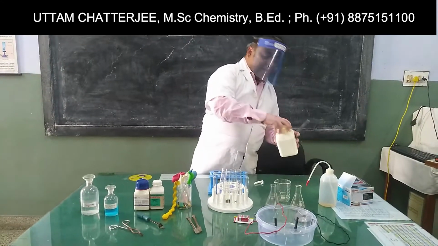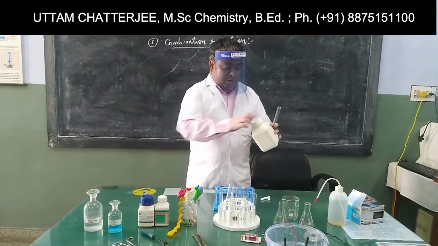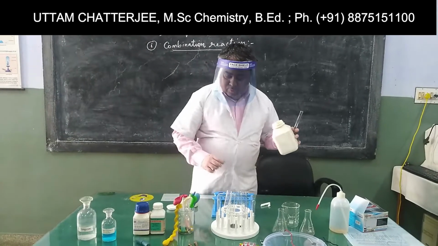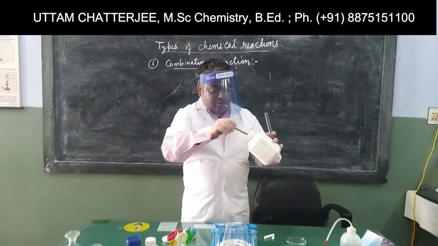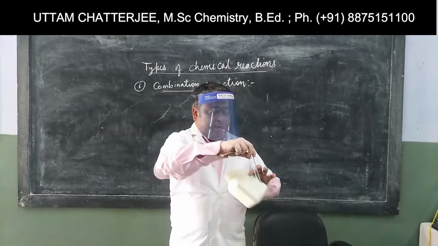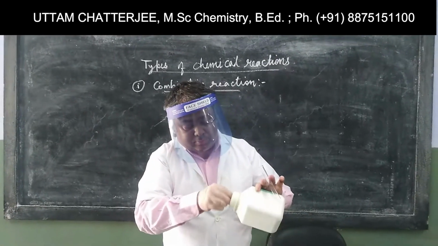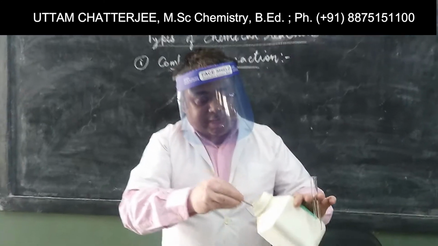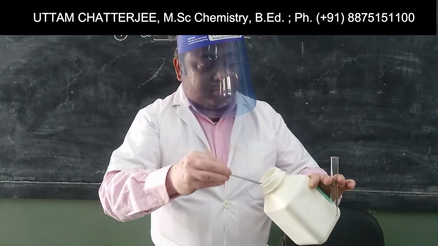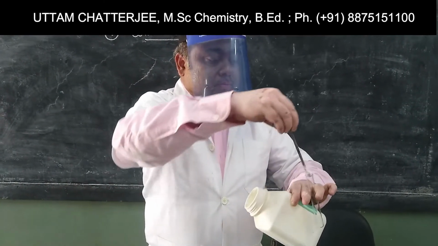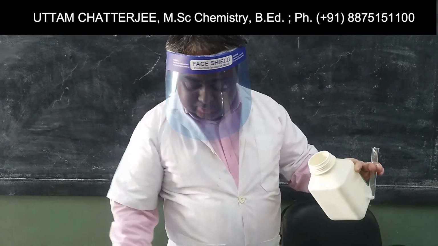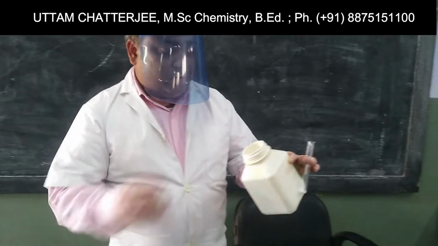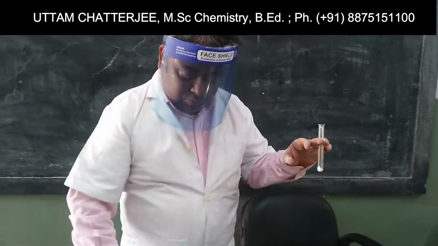I am taking out calcium oxide or quicklime from this jar using a spatula into a test tube. This is quicklime, or CaO.